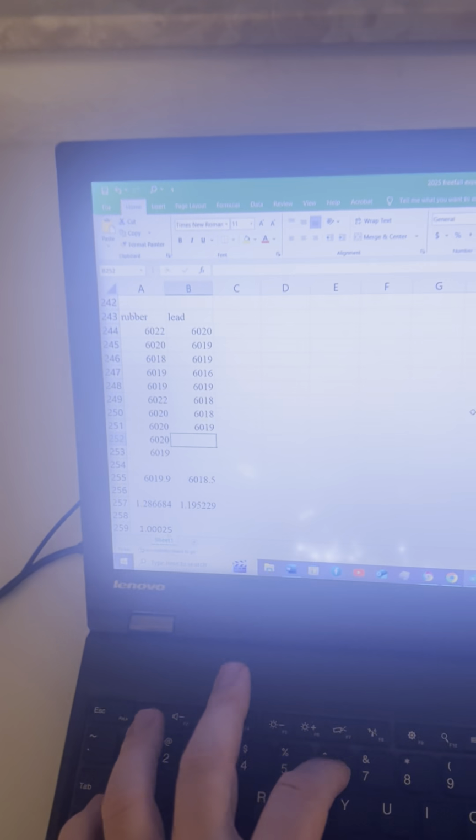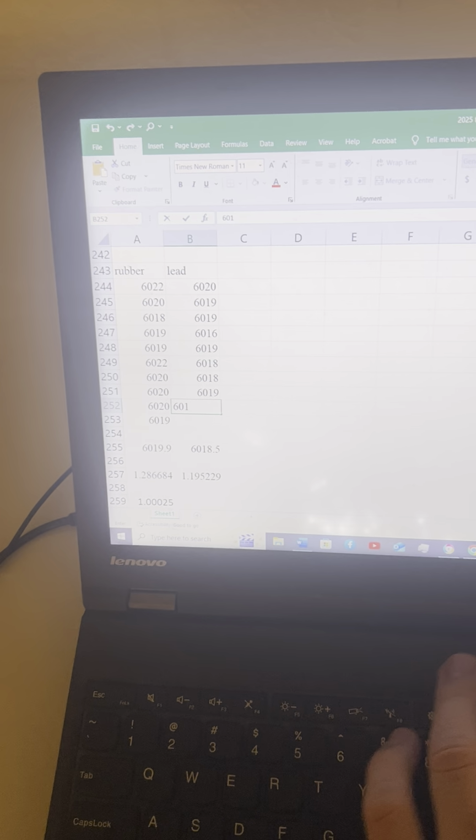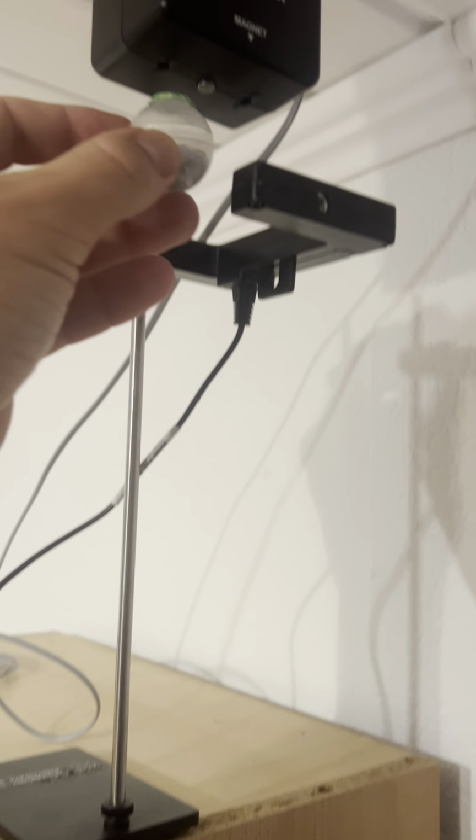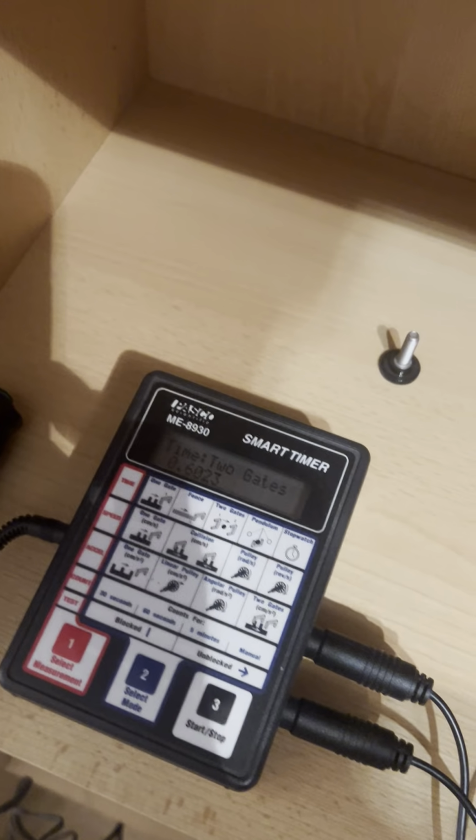Oh, this one is a large one. 6.21. This is an outlier. Let's try again.